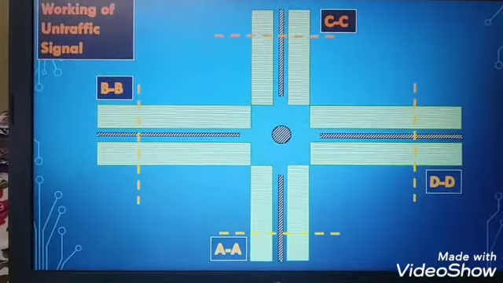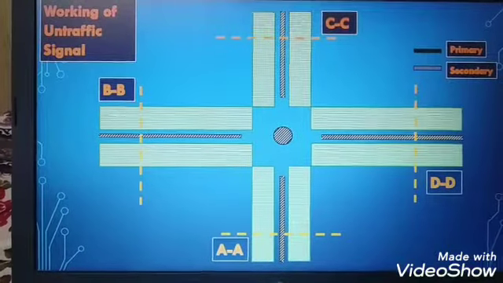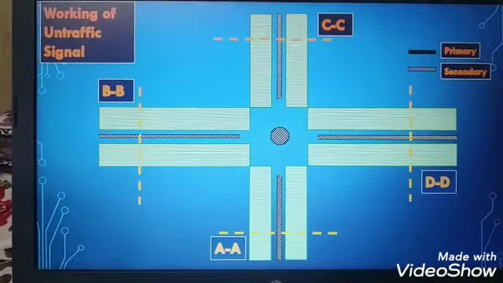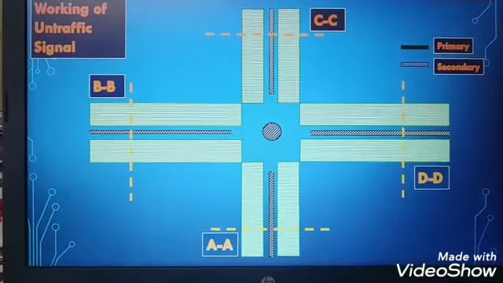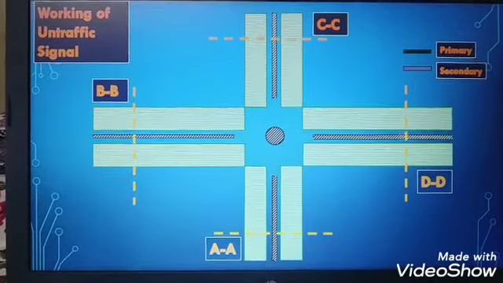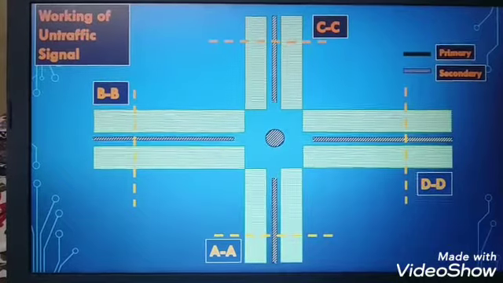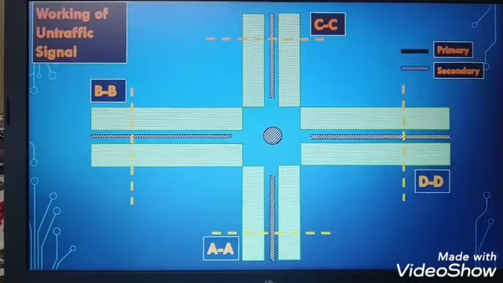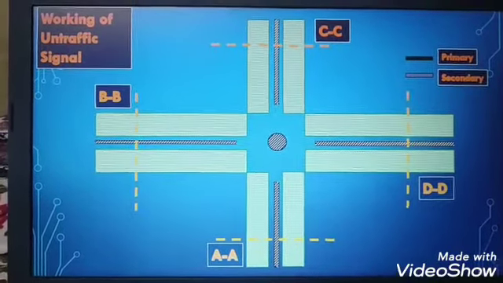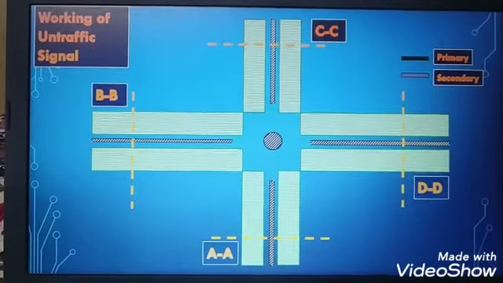Also, in the next few minutes I would be talking in terms of primary lane and secondary lane. So each of AA, BB, CC and DD will be primary at a certain point of time, and the others will be secondary.